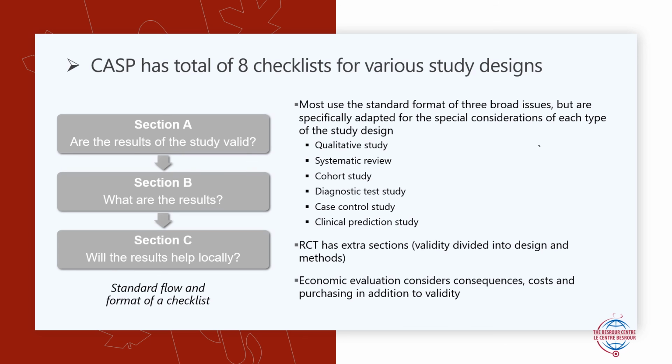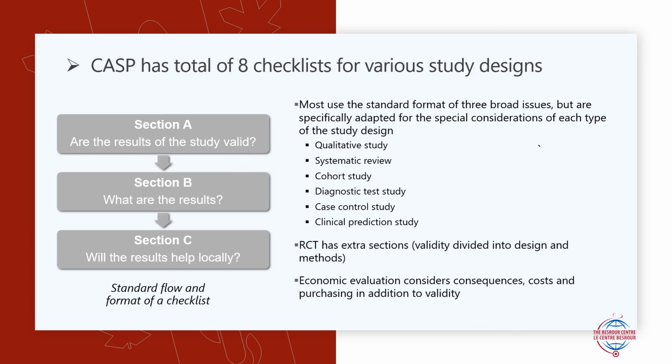Most of the checklists follow the section A, B, C format that we used when we were going through the qualitative study. So the first section has some screening questions, and we're looking at whether the results of the study are valid. Then there's a second section around examination of what the results actually are. And then the final section is around whether the study results will help locally. So this is a bit of a standard flow and format for how the checklists work.